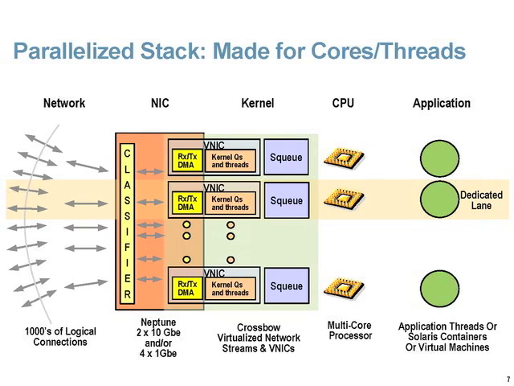This classifier also belongs to, for example, I just wrote one of the examples. The classifier does this classification to other logical connections to this concrete network interface card. But it also belongs to our Crossbow technology.